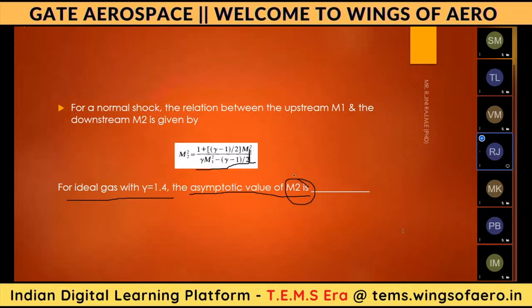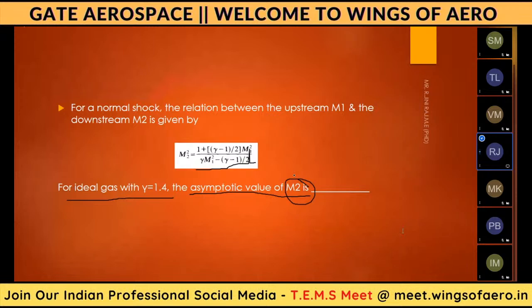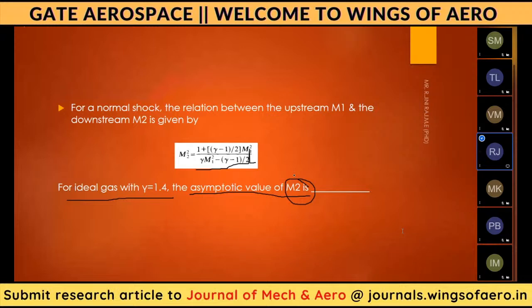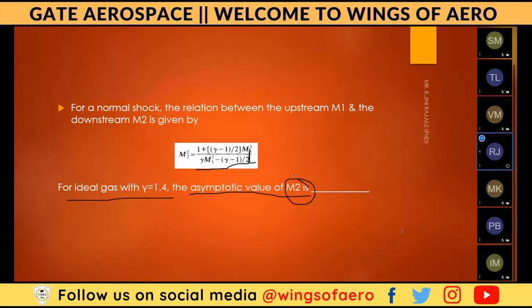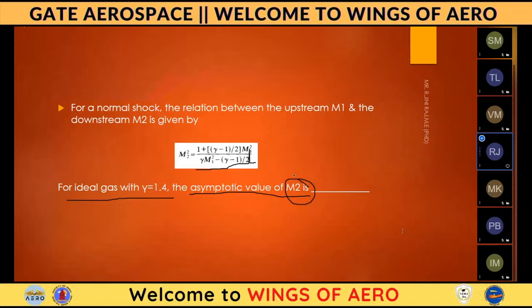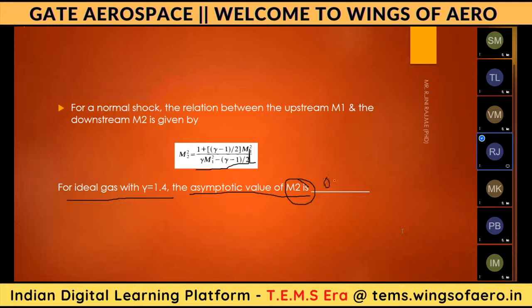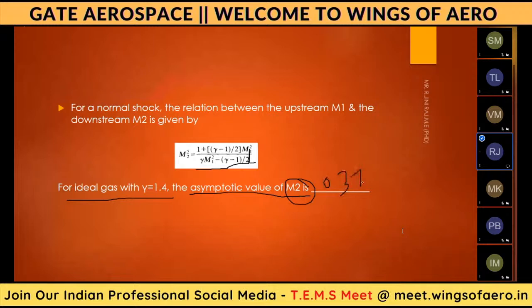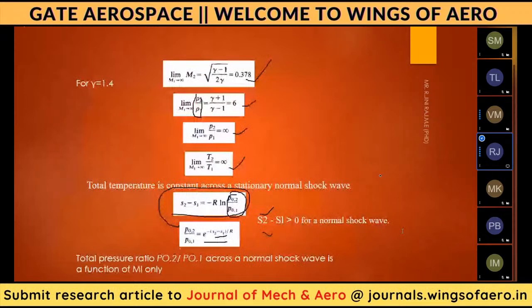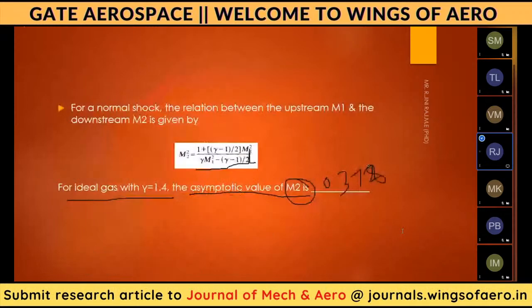I told you that for an ideal gas, that is gamma equals 1.4, if the Mach number upstream of the shock is infinity, then we will get a different downstream Mach number value. So the value of M2 is 0.378. Okay.